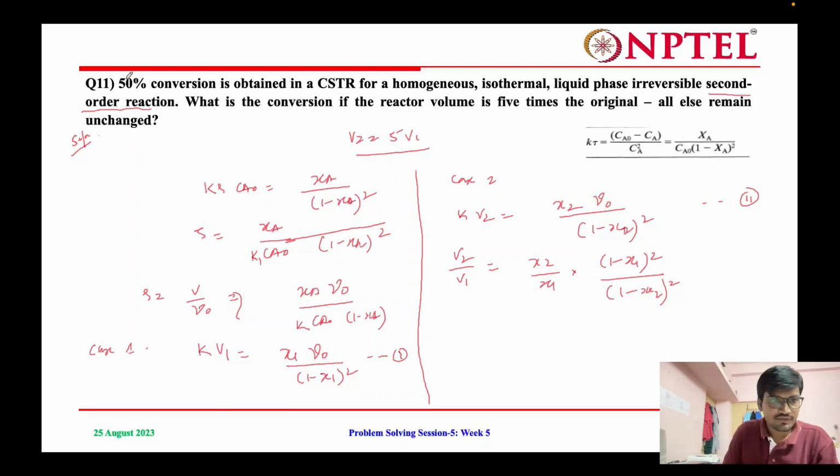Here X1 is given, X1 equal to 0.5, and V2 equal to 5 V1, right?